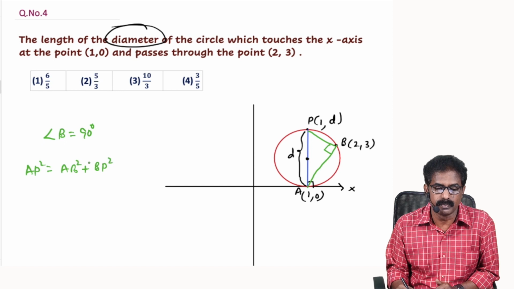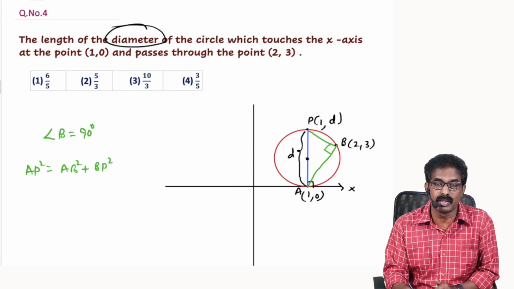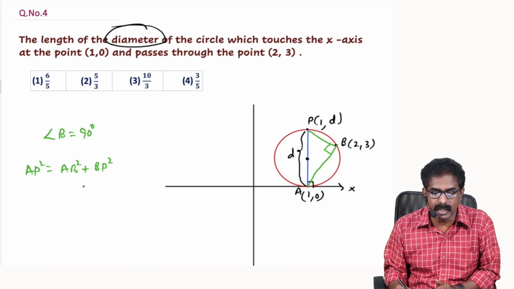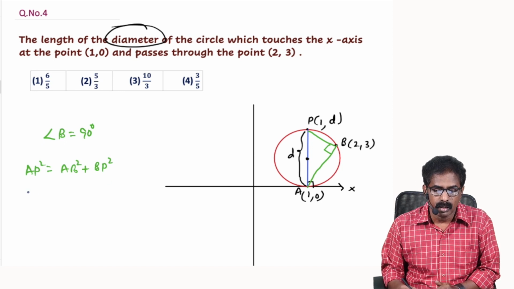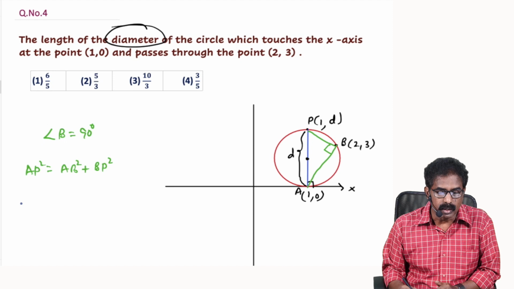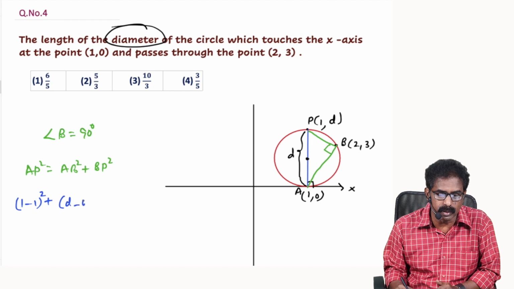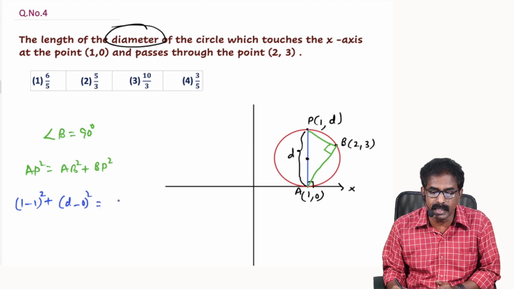BP square. Okay, now just distance formula we use, but square is there, so don't put root. So AP square: 1 minus 1, so 0 the whole square, plus d minus 0 the whole square, that is AP square. Equal to AB square.